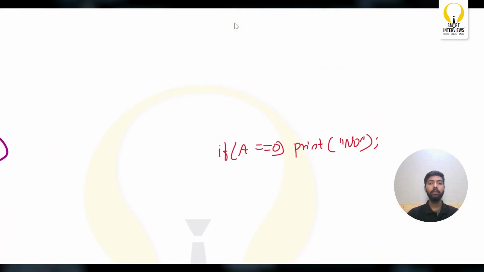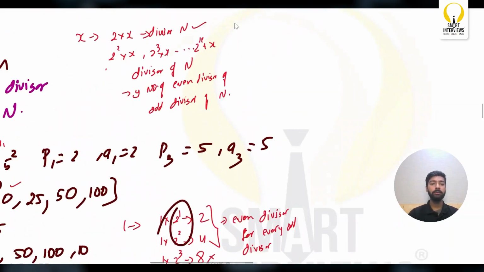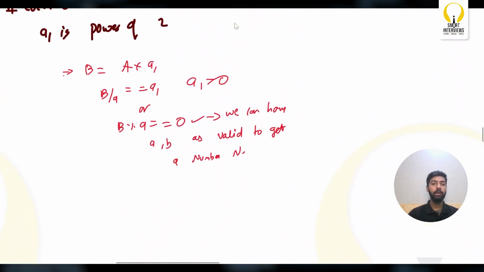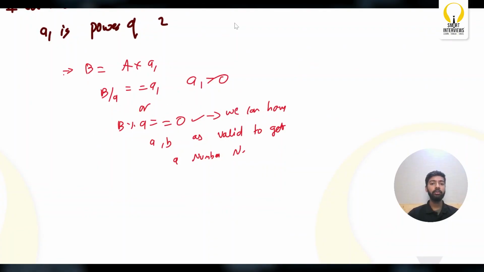So that means we can also have b as 0. So another case is if b is 0, and we no need to write a greater than 0, because if a is 0, it will be handled here itself. So let's write an else condition. Else if b equals 0, we can print yes. Third condition was b mod a should be equal to 0.